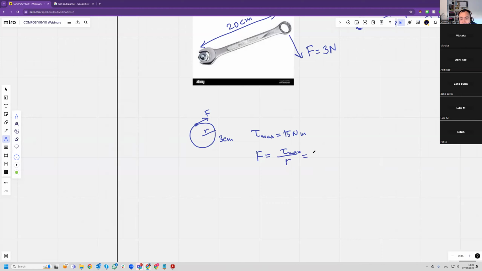So 15 Newton meters divided by the radius, 0.03 meters. That's what, 500 newtons? Okay, probably not 15 then. I don't think I can generate that. Oh, actually 500 newtons is doable. Maybe not with one hand, but yeah.